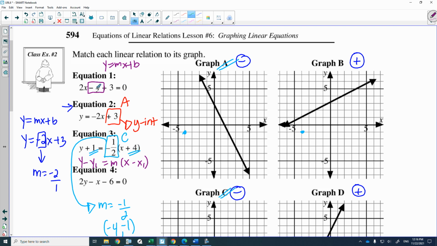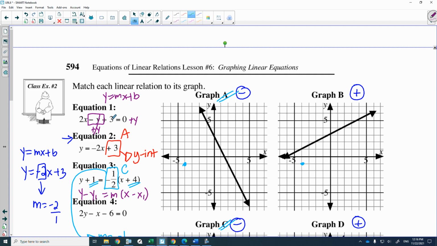Move it. It's negative. Add y, add y. The equation would now be 2x plus 3 is equal to y. So 2x plus 3 is equal to y. That's this. Y is equal to 2x plus 3.